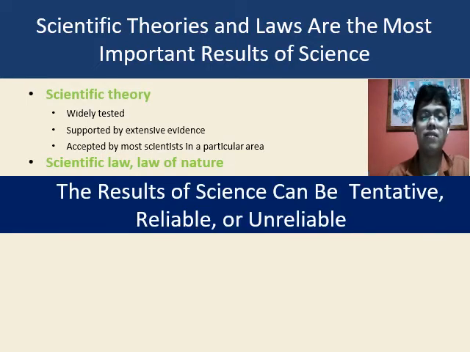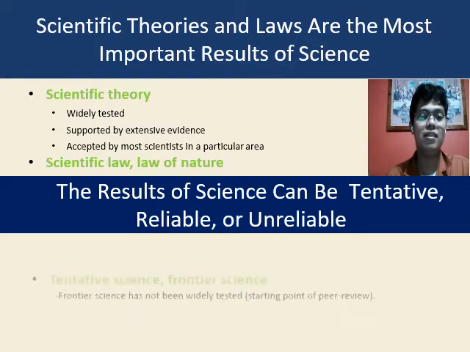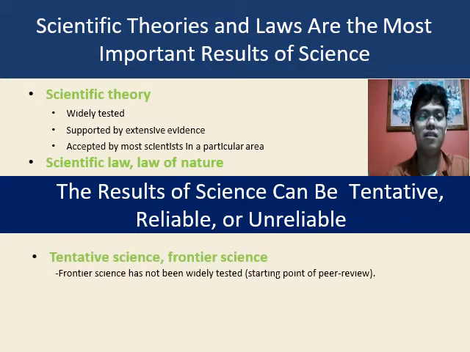And the results of science can be tentative, reliable, or unreliable. Tentative science is like frontier science that has not been widely tested and is the starting point of peer review.